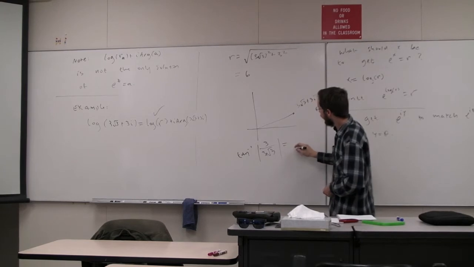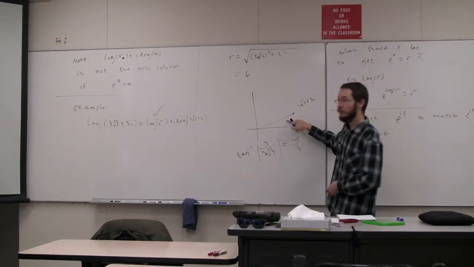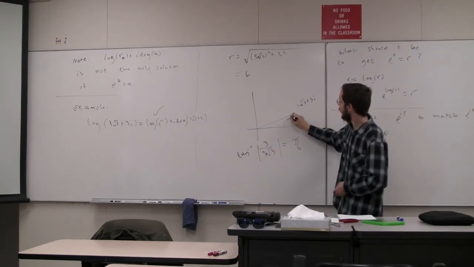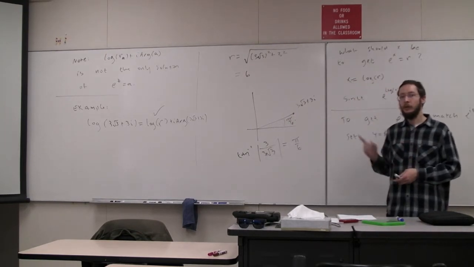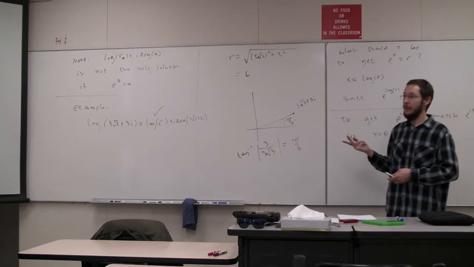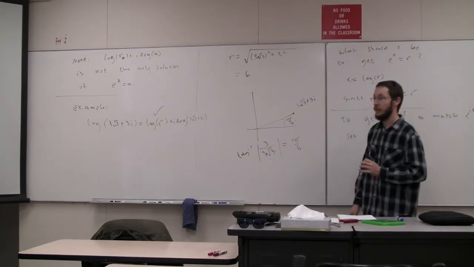You compute that inverse tangent and you get pi over 6 for the reference angle. And because we're in the first quadrant, the reference angle matches the actual angle relative to the positive x-axis.